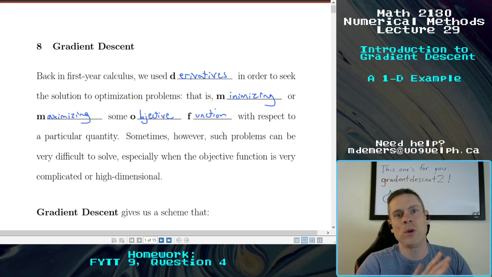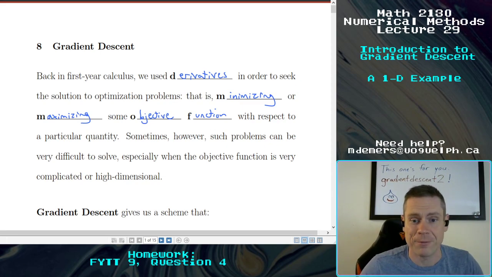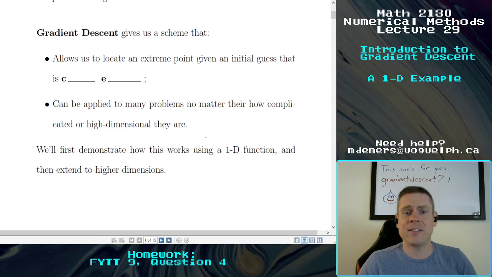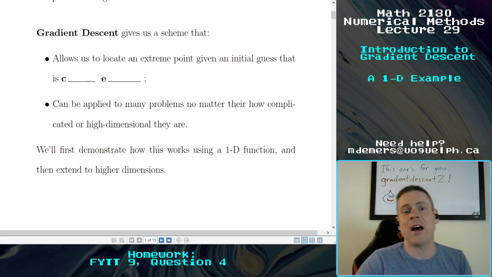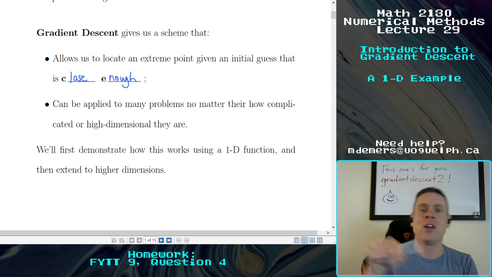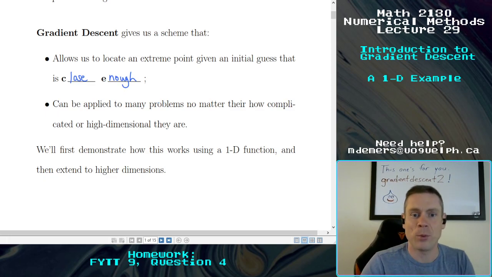So we want to find some sort of scheme that is able to help us with those optimization problems, especially if things get rough. Gradient descent gives us a scheme that allows us to locate an extreme point given an initial guess that is, like a lot of things in this course, close enough. So you need an initial guess that's close enough to an extreme point that we can actually find what that extreme point is.